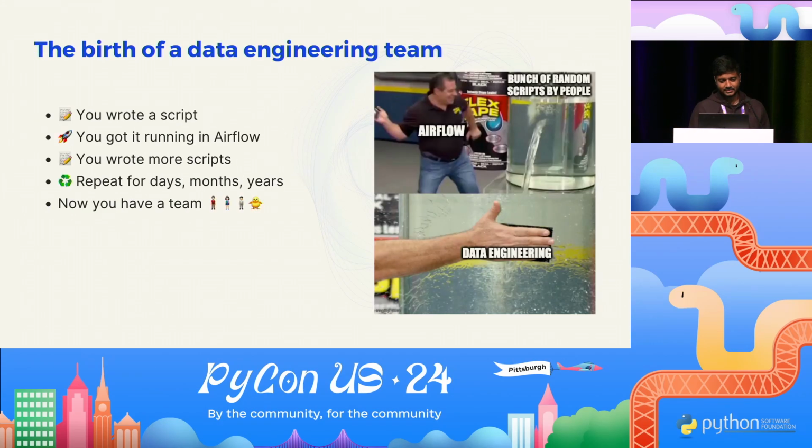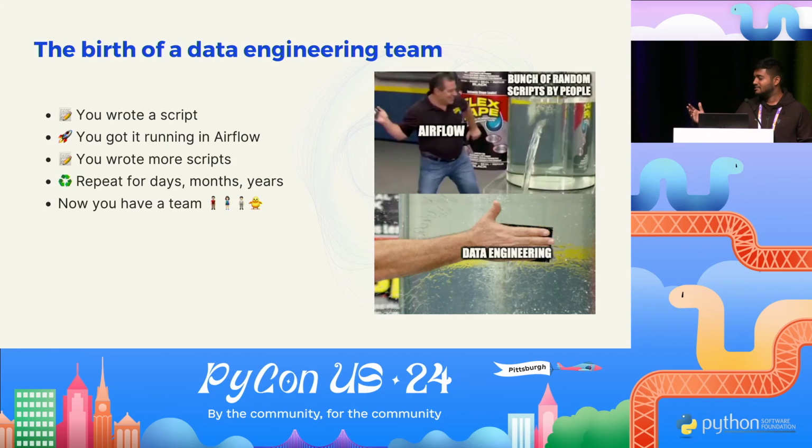When I joined Topline, it was a one-person team. That was just me and my co-founders. So I'm telling the story of how the data engineering team came into existence at Topline. And everywhere I've seen, the story has been very similar. You have a bunch of ad hoc scripts that you write, and one day you decide to stick it in Airflow, and now you have a data pipeline.